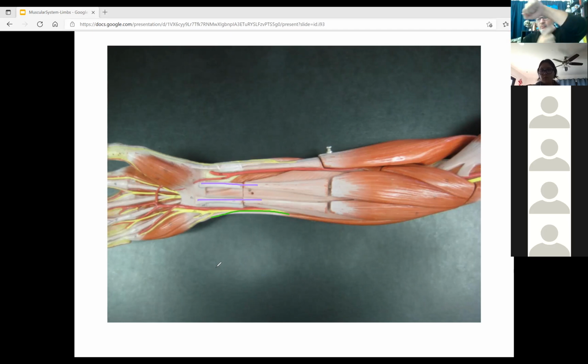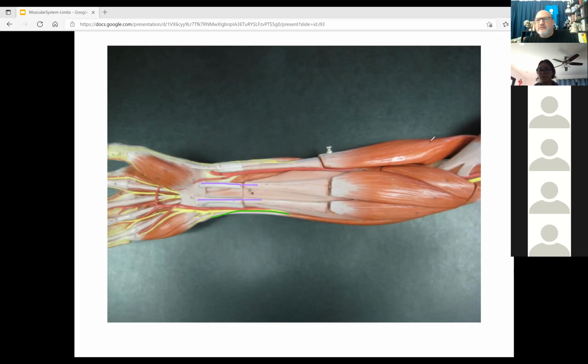I can do it more on one side. It's not as prominent on the other side for me, but on here, I can see those 1, 2, 3 tendons sticking out very prominently on the forearm. And these are the 3 main tendons that we care about on the anterior side of the forearm. So let me go ahead and erase this.